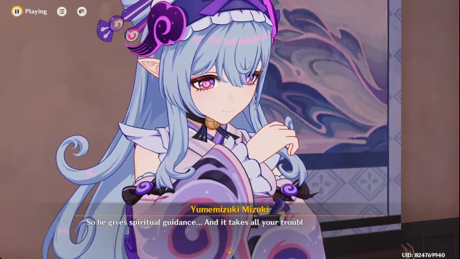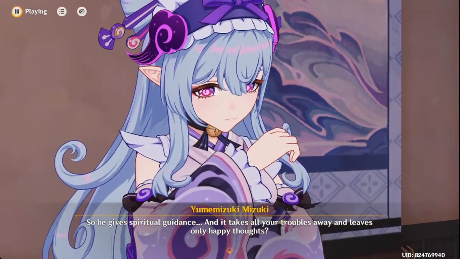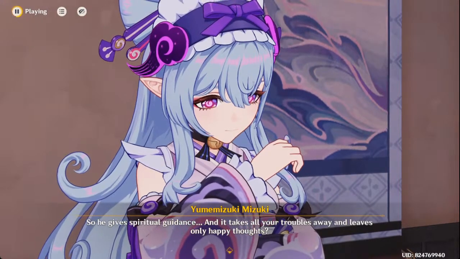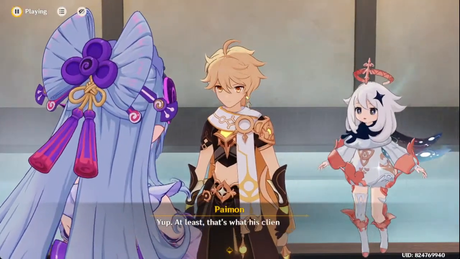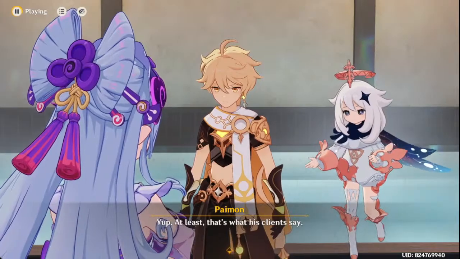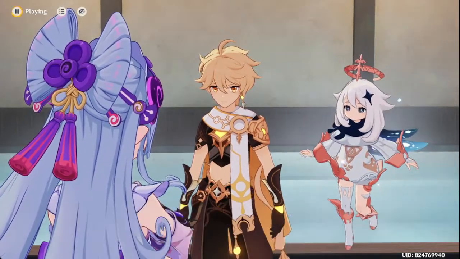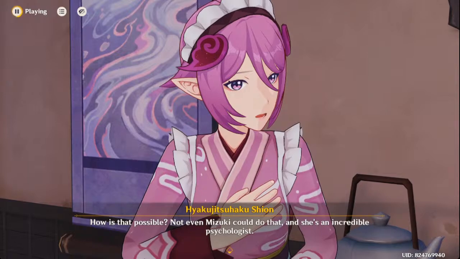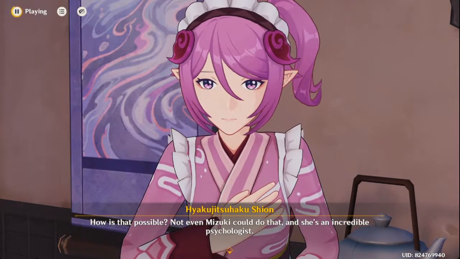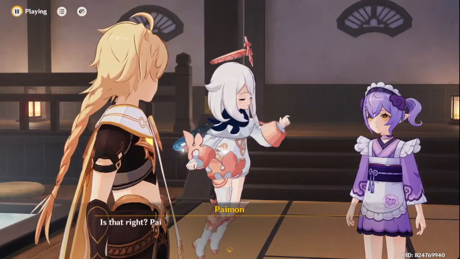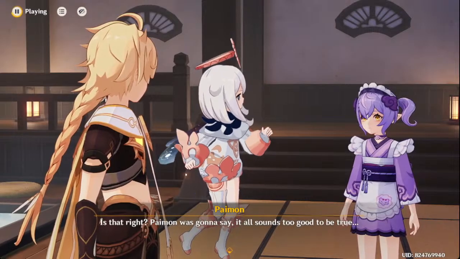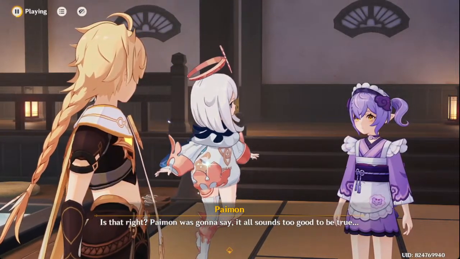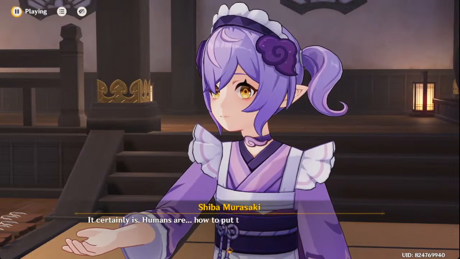So we have one spiritual guidance reaction sa Facebook natin. Thank you so much. Wala pa nga lang, only happy comments. He gives guidance, and it takes all your troubles away and leaves only happy thoughts. Yep, at least that's what his clients say. How is that possible? Not even Mizuki could do that, and she's an incredible psychologist. Is that right? Paimon was gonna say, it all sounds too good to be true. It certainly is.